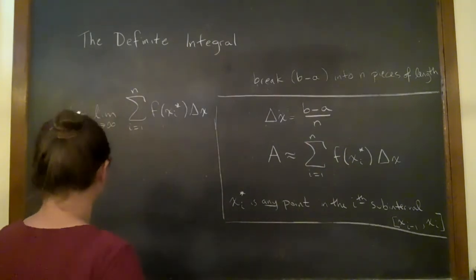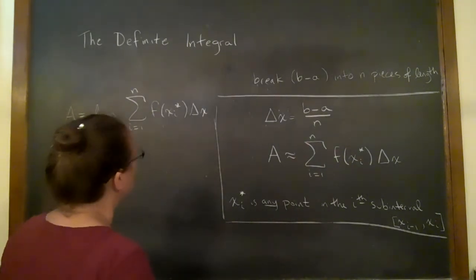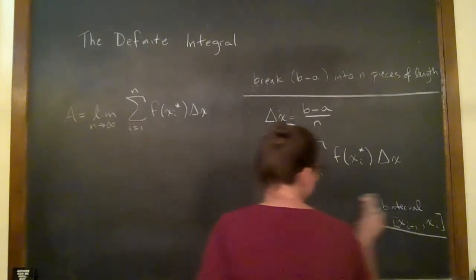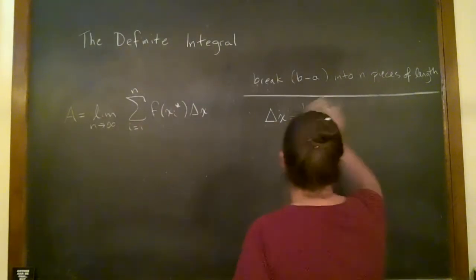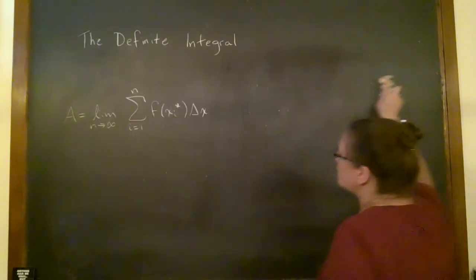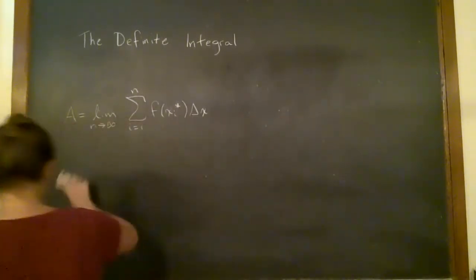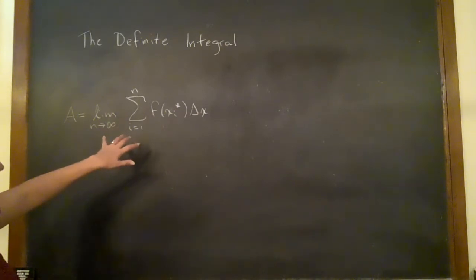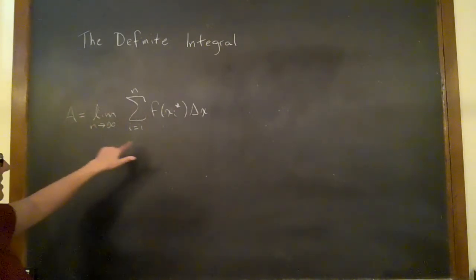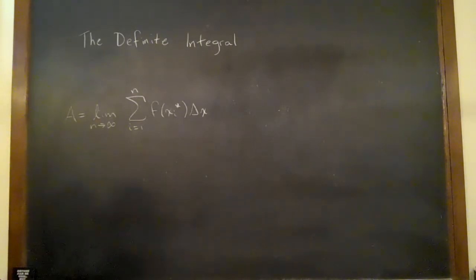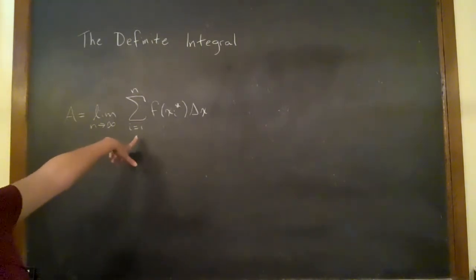Okay, so let me do this. When can I do this, then? What we're going to do is we're going to define this thing as an integral, okay? And what I mean is, this is a summation, right?